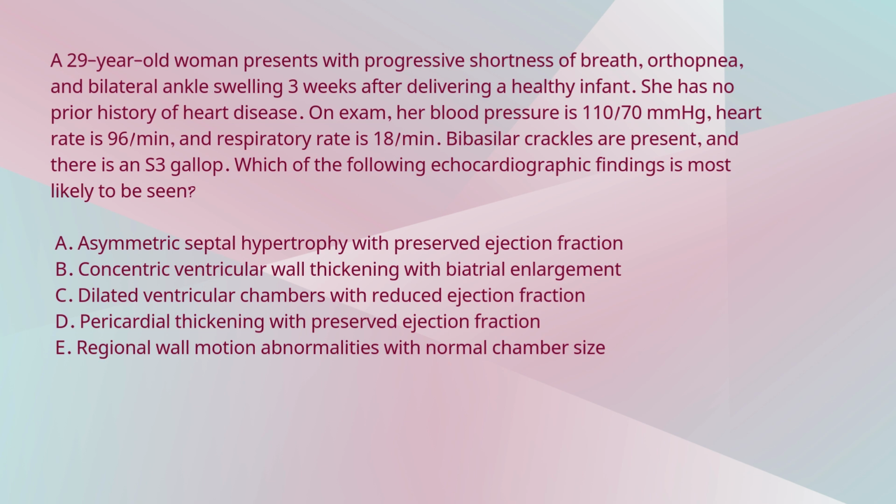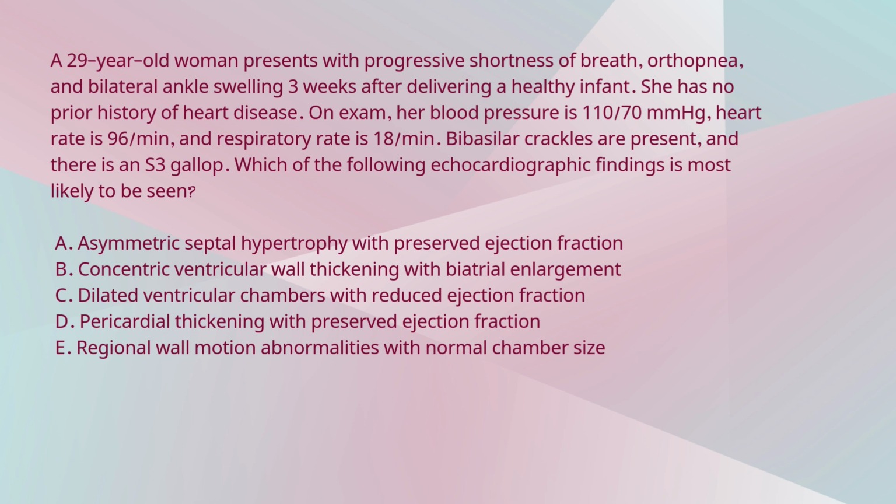And our last question. A 29-year-old woman presents with progressive shortness of breath, orthopnea, and bilateral ankle swelling 3 weeks after delivering a healthy infant. She has no prior history of heart disease. On exam, her blood pressure is 110/70, heart rate is 96 beats per minute, and respiratory rate is 18 breaths per minute. Bibasilar crackles are present, and there is an S3 gallop.